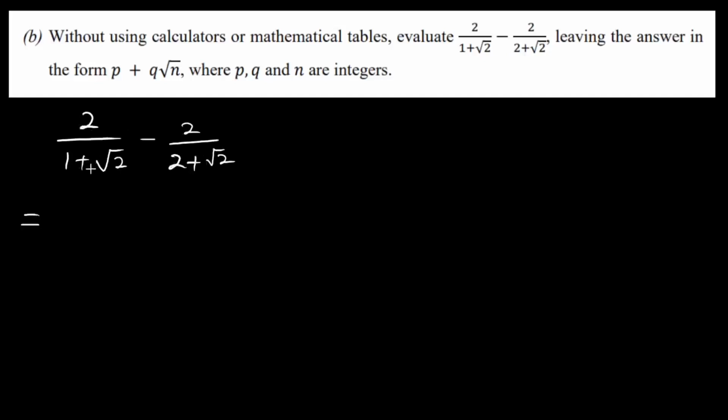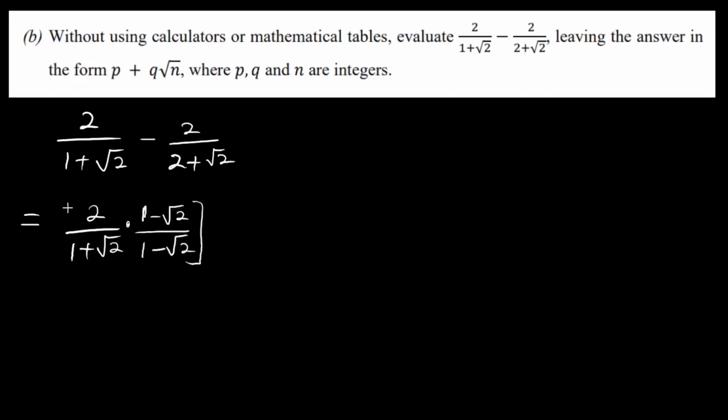We are going to multiply both the numerator and denominator by the conjugate of the denominator. The conjugate of the denominator in this first term is 1 minus root 2. So I'm going to have 2 over 1 plus root 2 times 1 minus root 2 all over 1 minus root 2.